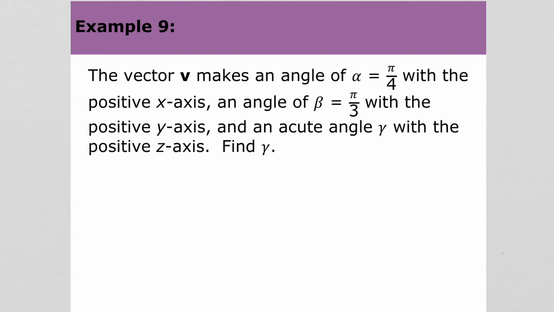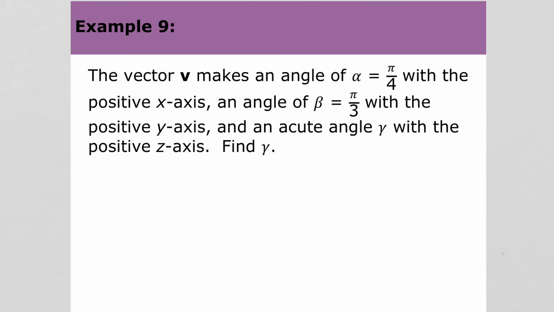So example 9 asks us, the vector V makes an angle of, you've got alpha with the positive x-axis, beta with the positive y-axis. Find lambda, the angle that it makes with the positive z-axis.